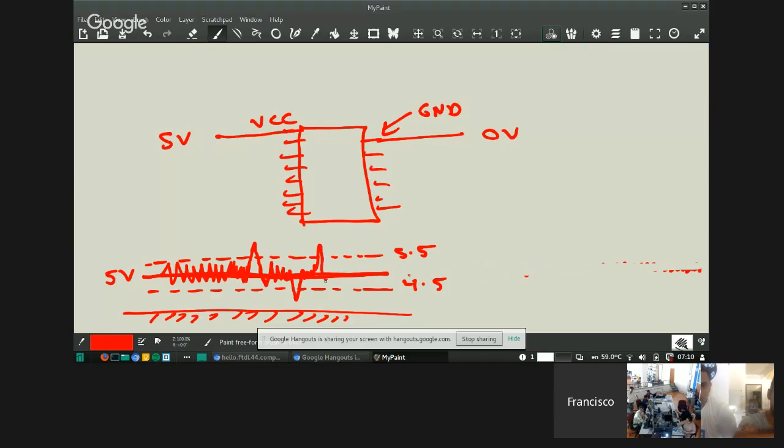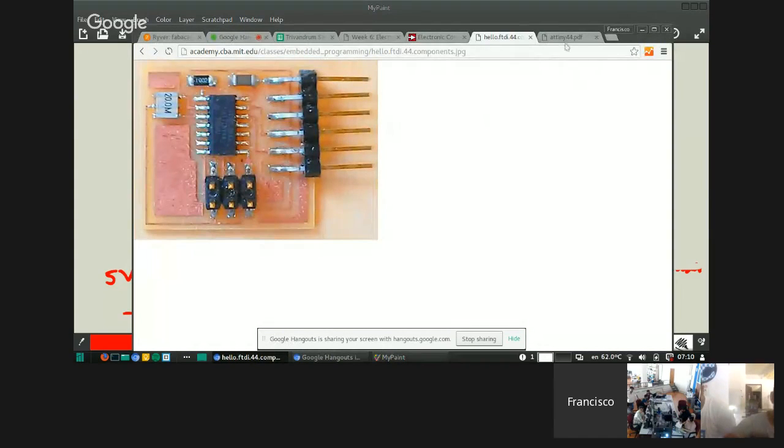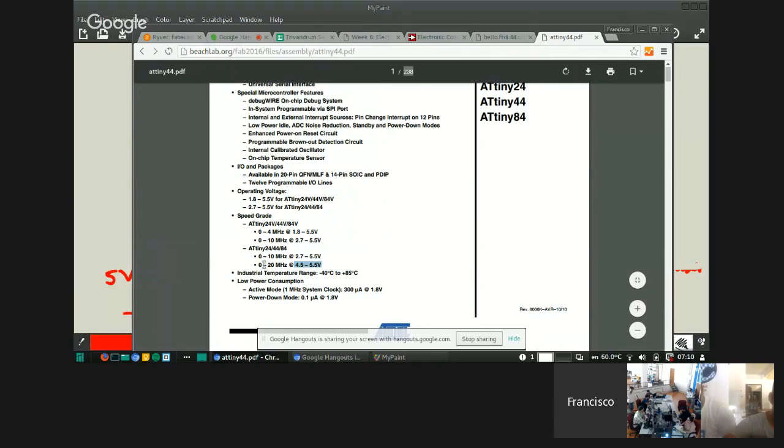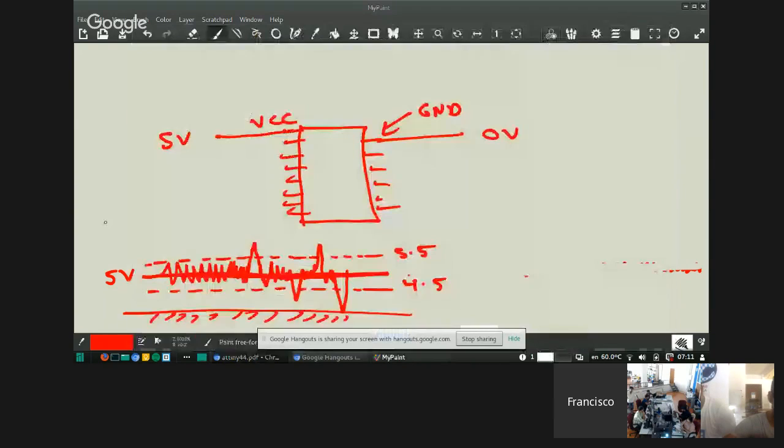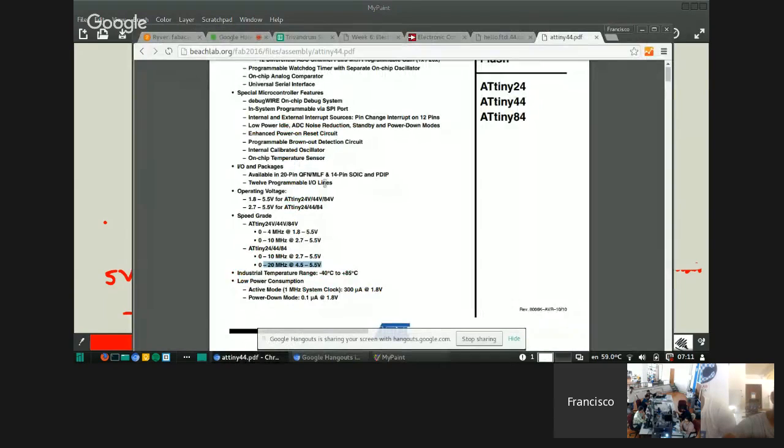If some of these peaks go over, the microcontroller is not working at 20 megahertz because there's this restriction. So you want to reduce these peaks, and you do that by adding this circuit here.